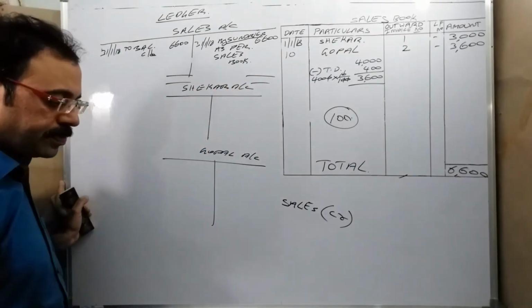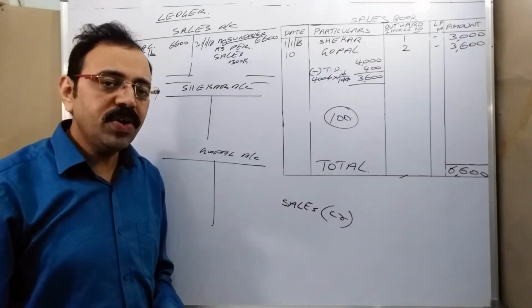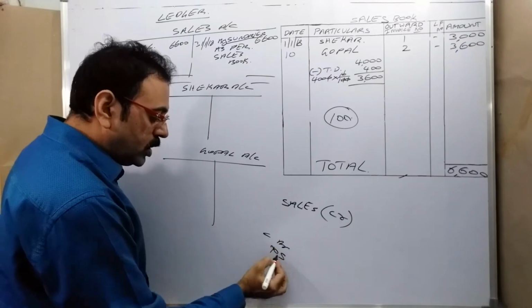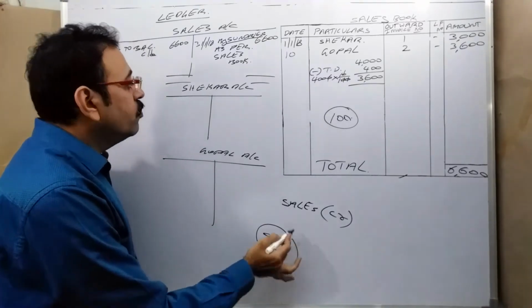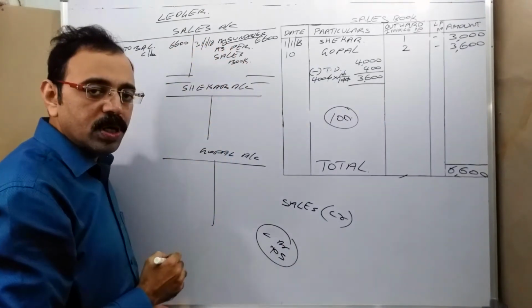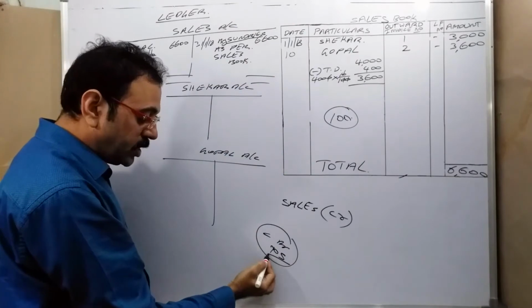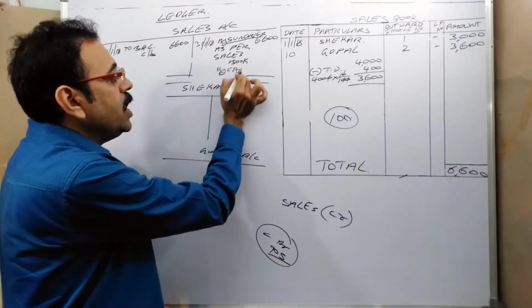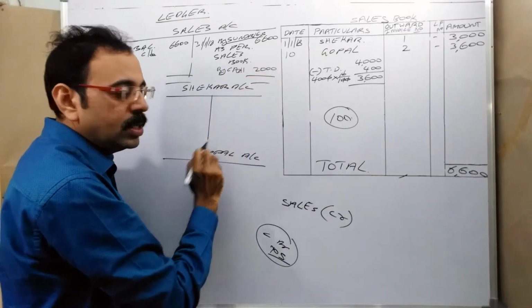Assume that there is cash sale also. Then what is the entry for cash sale? Cash account debtor to sales account. Then that entry also we should post in the sales account. Credit sales are on the credit side, so on the credit side we should write by cash. Assume that the cash sale amount is 2,000 rupees.